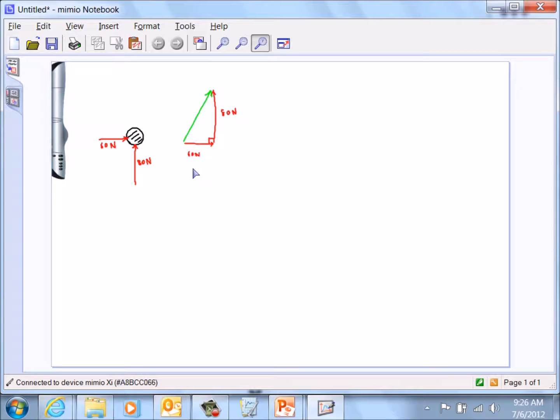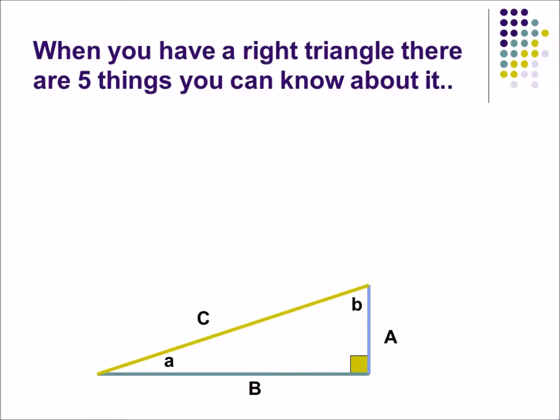We can figure out the length of that vector using the Pythagorean theorem, and we can figure out the angle that vector makes using trigonometry. So trigonometry allows you to find unknown angles and unknown lengths in right triangles. That's something we'll be interested in doing when we're looking at force vectors and momentum vectors and lots of other things in physics. So that's our motivation for wanting to understand trigonometry.